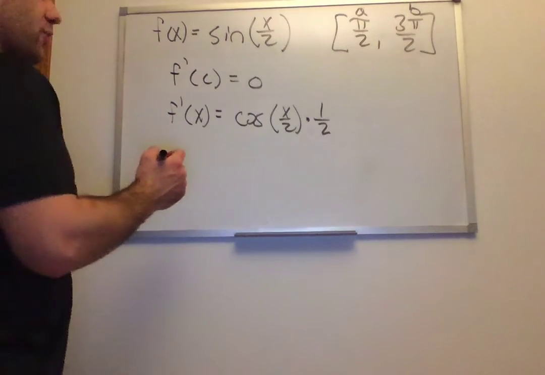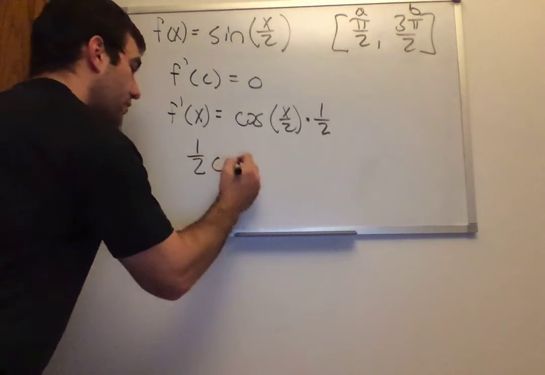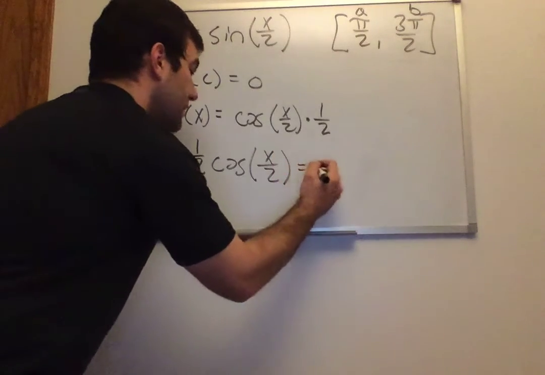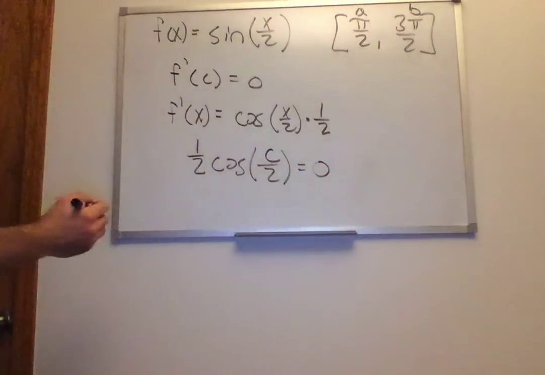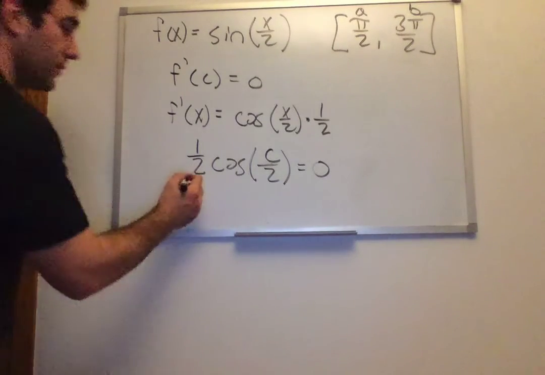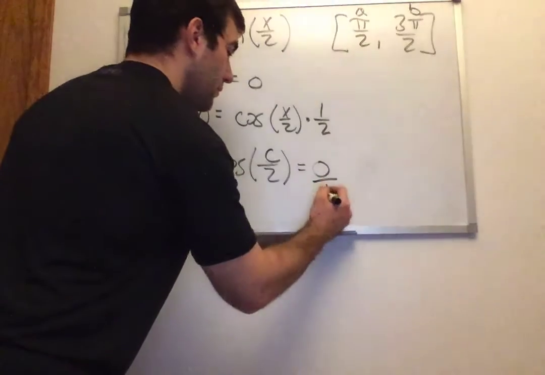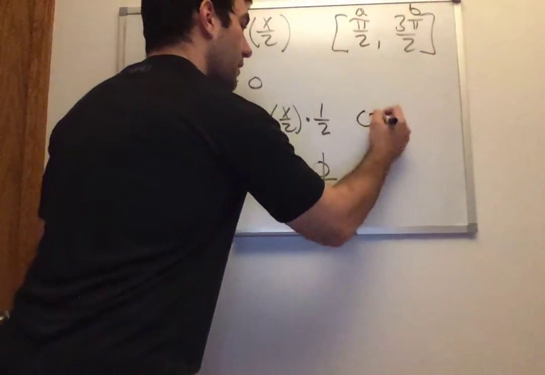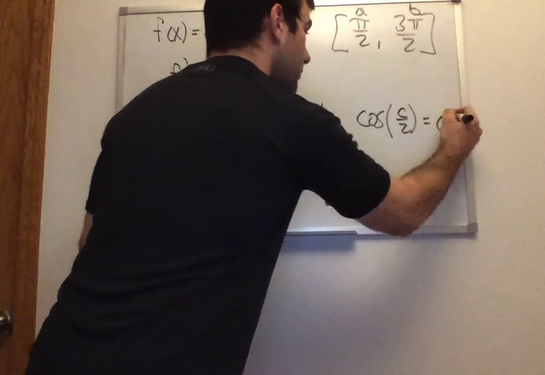So now I'm going to plug in c and set it equal to 0. So I got 1/2 cosine of c over 2 is equal to 0. I could divide both sides by 1/2. And you get cosine of c over 2 is equal to 0.